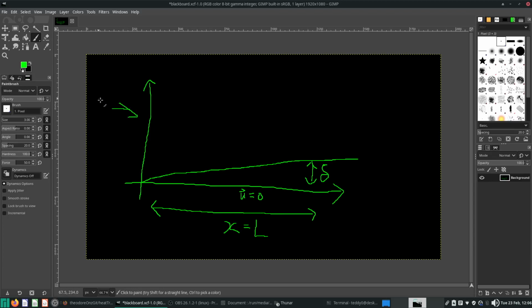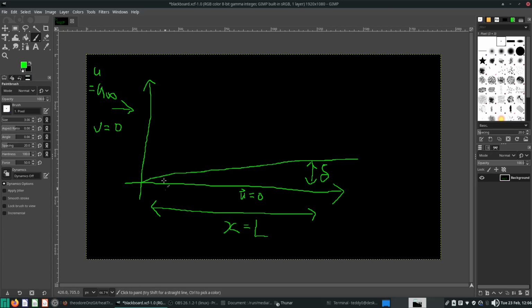Of course, you have the u infinity. And in the free stream, the x component of velocity, u equals to u infinity, and then the y component of the velocity equals to 0.